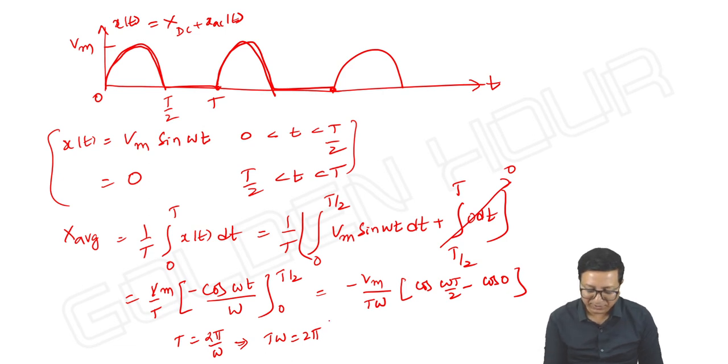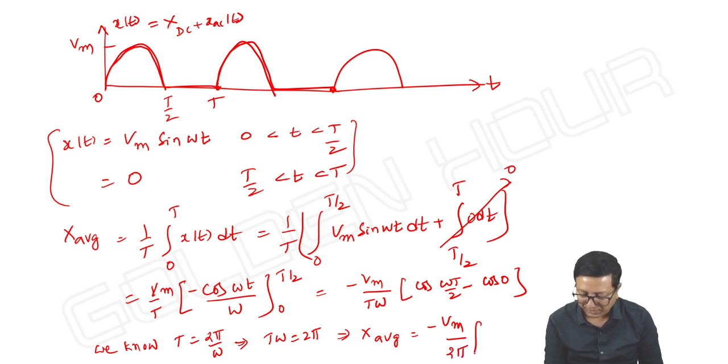Hence the average amplitude is equal to minus Vm by T omega, which is 2 pi, into cos of omega T by 2, which is pi, minus cos 0.